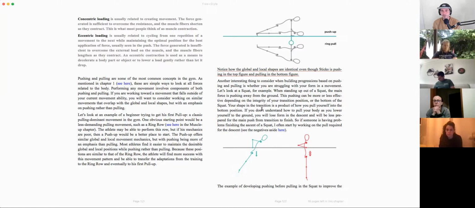And this is where, if we want to, for example, learn how to perform a pull-up, and we scale a pull-up into a ring row or a rowing pull, just like you can see in the figure on the top right here of the page, it is important that that pulling movement mirrors the pushing movement.